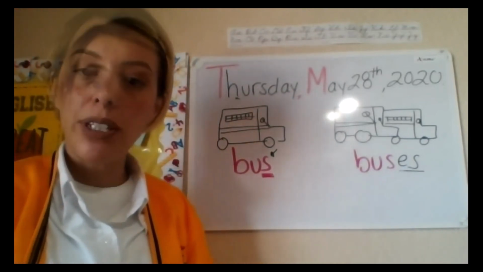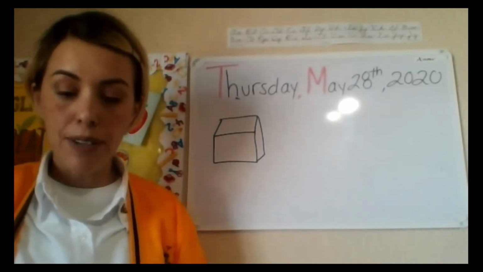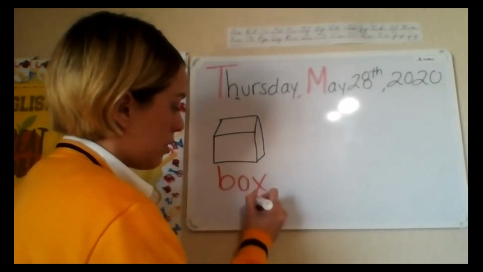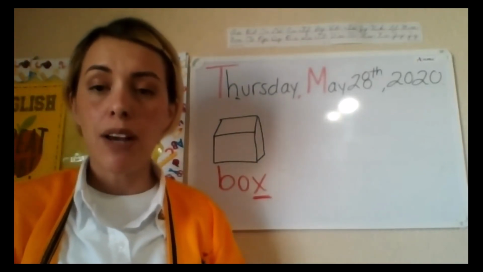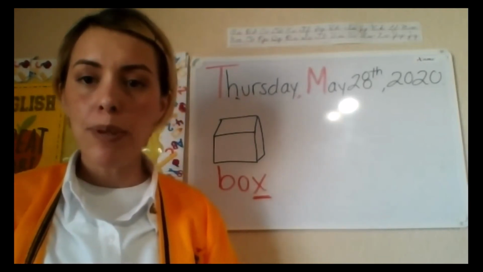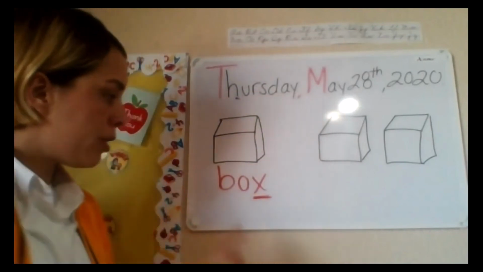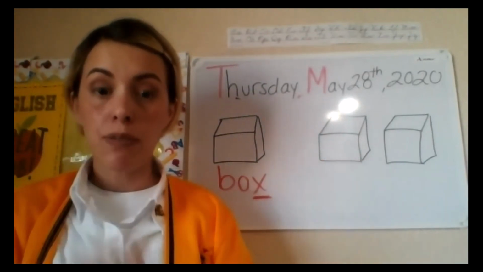Let's try another example. Victor, can you tell me what's that? Very good. This is a box. What is going to happen when I have two of the same object? Am I going to use the same word to describe those? No. Now we have two.